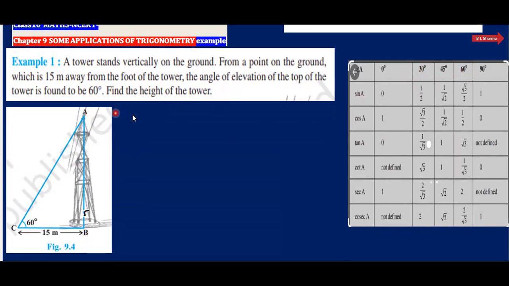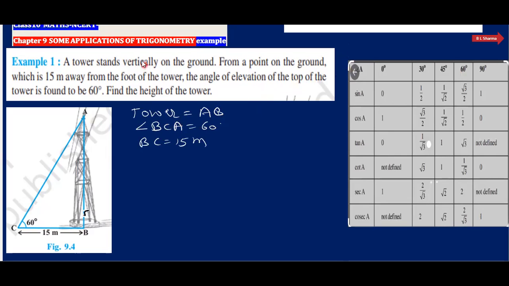Here, let AB be the tower. The tower is in this figure, that is AB. The angle of elevation means angle BCA, that is 60 degree, and the distance of point B to C is 15 meters.